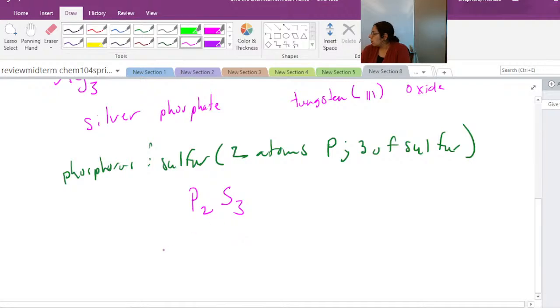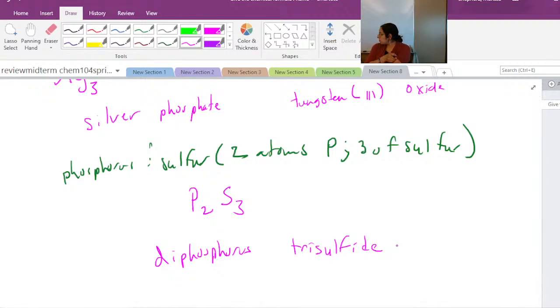So what's the proper name? So diphosphorus trisulfide. Excellent. So again, you'll have a portion on your exam that looks pretty similar to this.